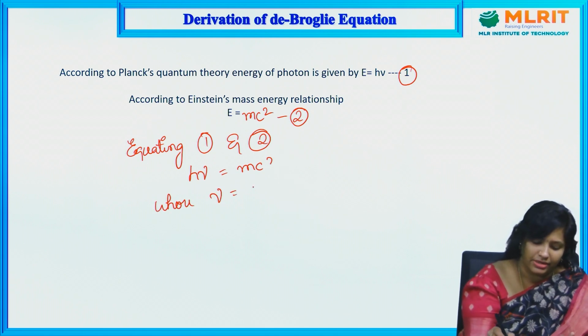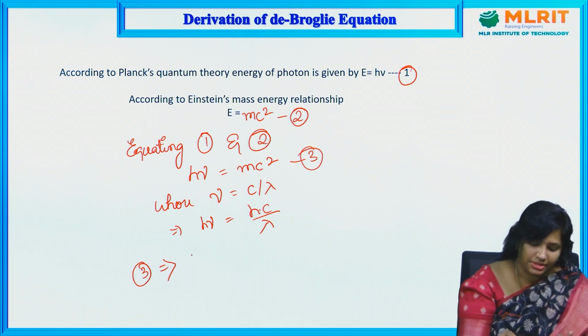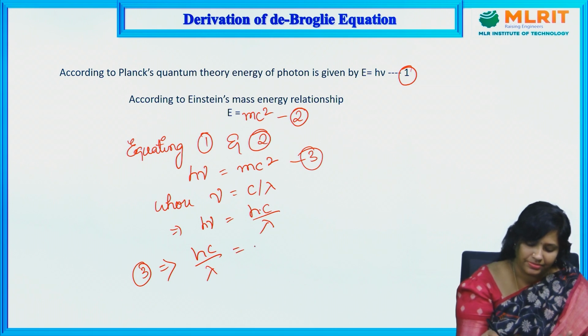Where nu is equal to c by lambda. This implies h nu is equal to h into c by lambda. Then equation 3 becomes hc by lambda is equal to mc square. Okay.